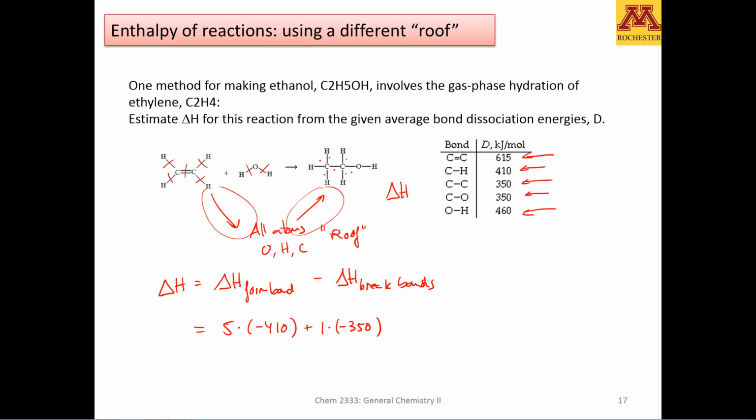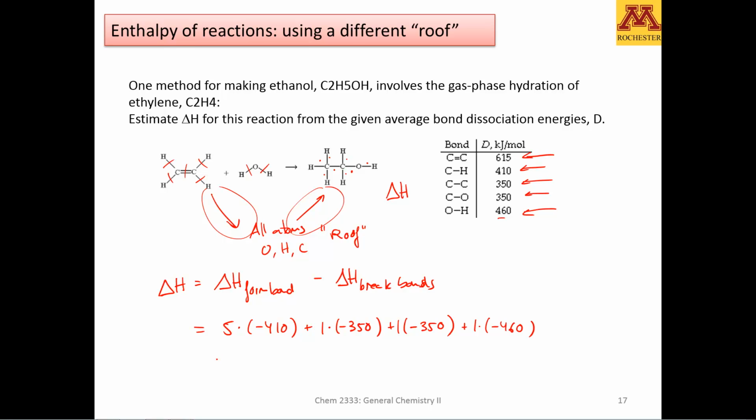And now we have 1 carbon-oxygen, so 1 times carbon-oxygen. I'm sorry, did I already count that? No, carbon-carbon, oh yeah, carbon-carbon and carbon-oxygen are the same, okay. And finally, 1 oxygen-hydrogen. That will be the formation of the bonds, and notice that all of them are negative. 1 bond of this one, so 460.